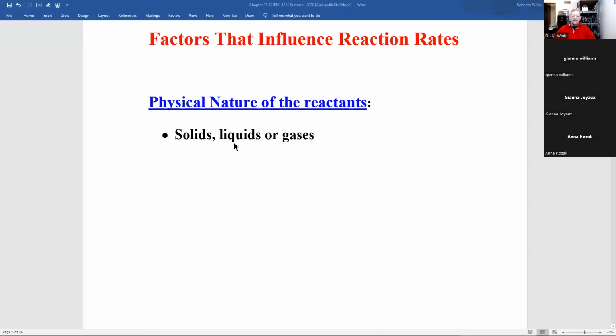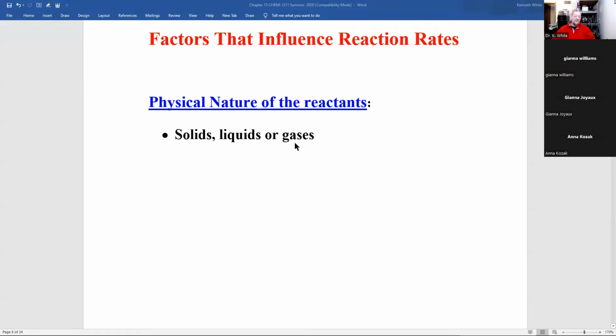Now, when we talk about the nature, if they're liquids, that's one reason why all the reactions I've done have been either in liquids, or gases and liquids, or solids mixed and dissolved in liquids. And those go a lot faster, most of them, than solids reacting together.